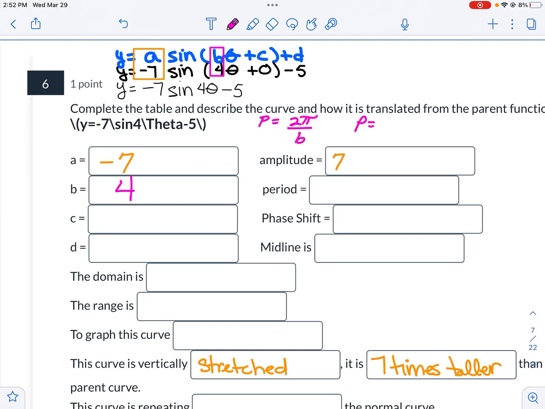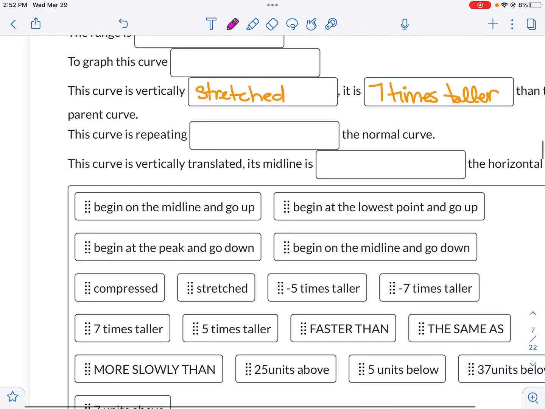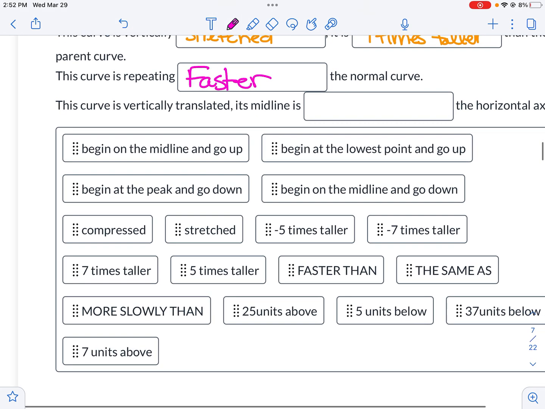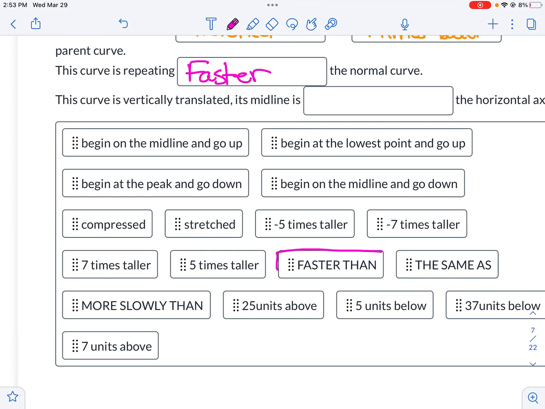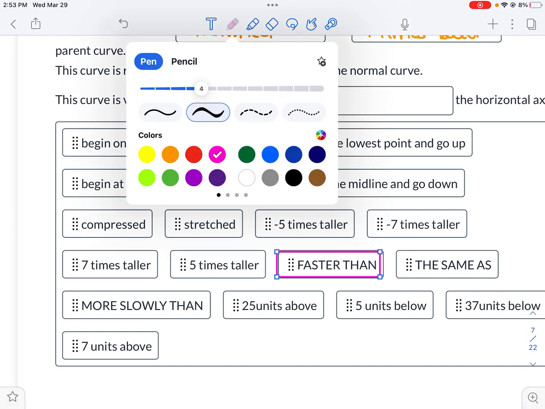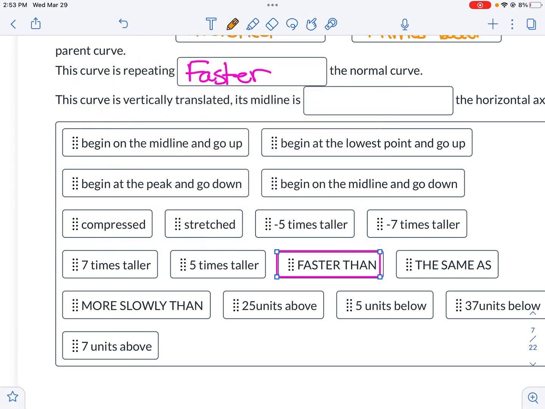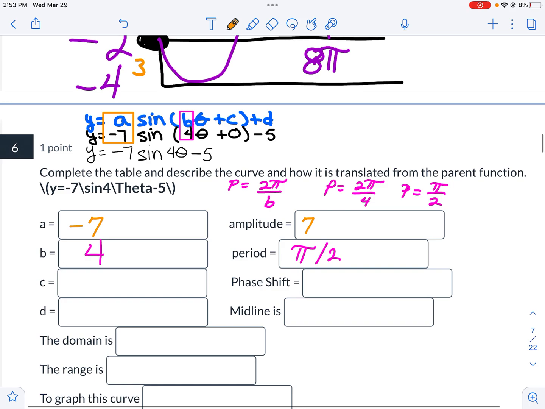So period equals 2 pi divided by 4, so period equals pi divided by 2. Which means it is faster than the parent. And it was 7 times taller.